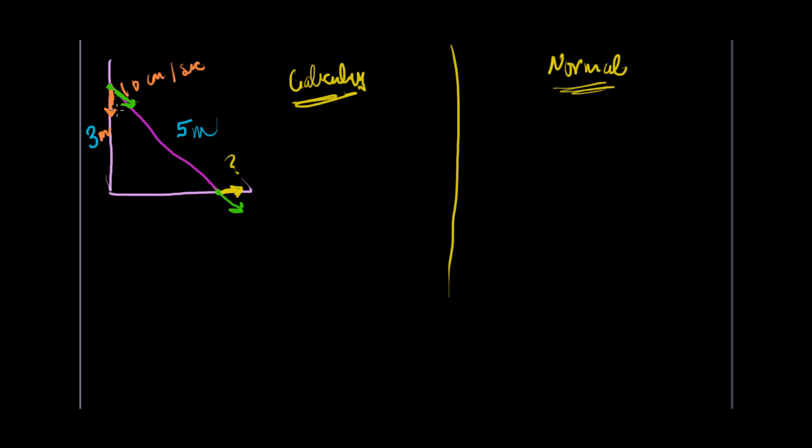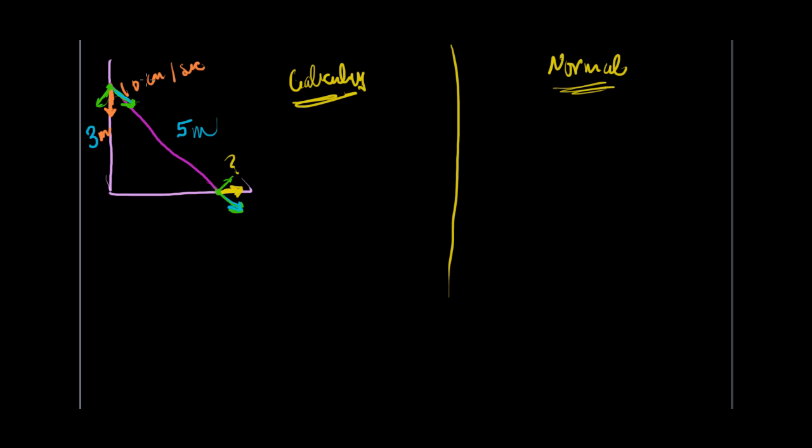This has a magnitude of 10, so you can break it into components, and this yellow vector right here into this and that, right? And we are interested in these components right here, this and this.